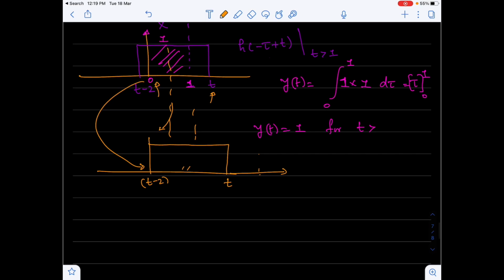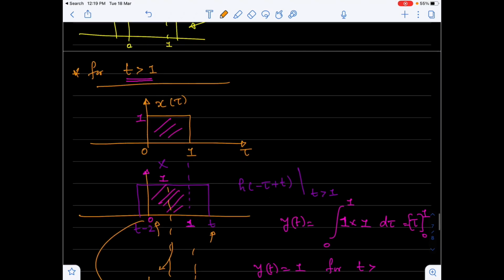So what we can say is that t minus 2 should be less than or equal to 0, or we can say t is less than or equal to 2. So in this case, we have t greater than 1 and t minus 2 less than or equal to 0, or t is less than or equal to 2. So these are our conditions.